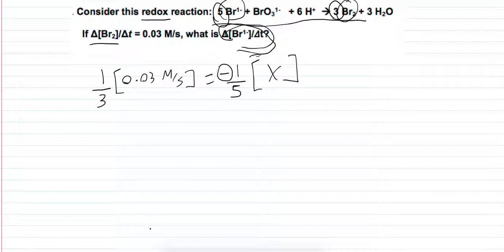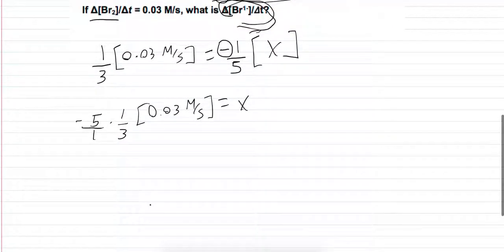We need to have a negative answer for x. Now if you rewrite this, you end up with negative 5 over 1 times 1 over 3 times 0.03 molarity per second equals our x. If you do the math, you end up with negative 0.05 molarity per second equals x.